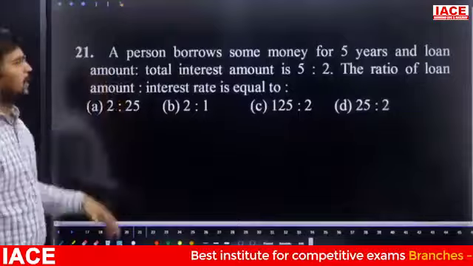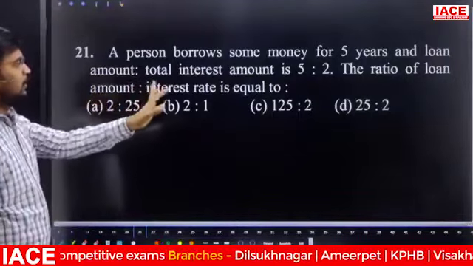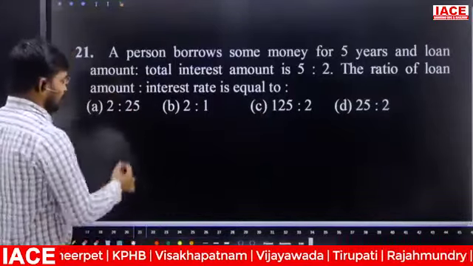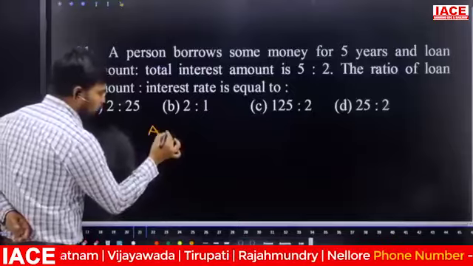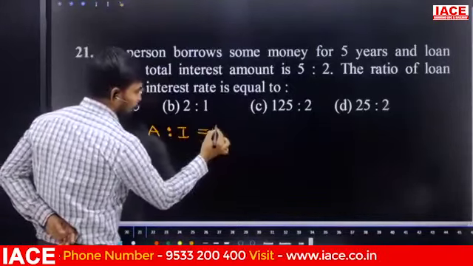A person borrows some money for 5 years and the loan amount to total interest is 5:2. The ratio of loan amount to interest rate is equal to how much? They have given amount to interest. Amount to interest is 5:2.